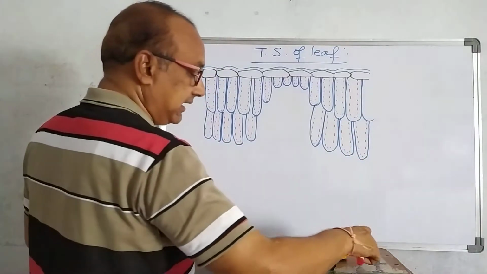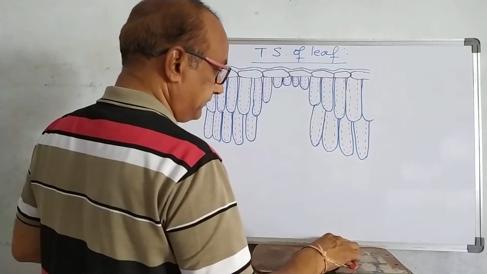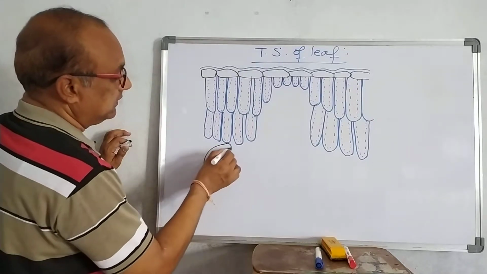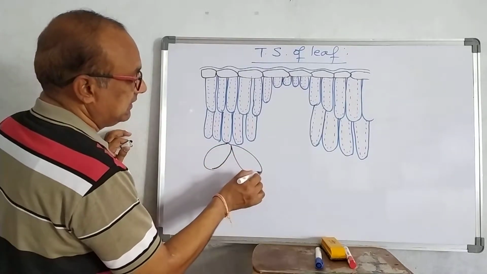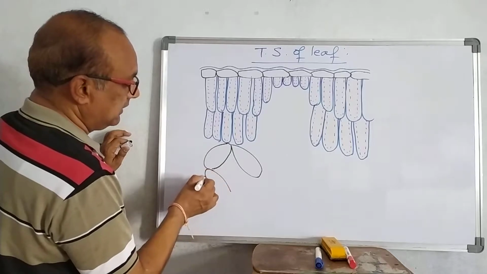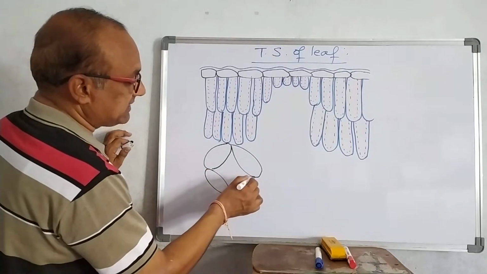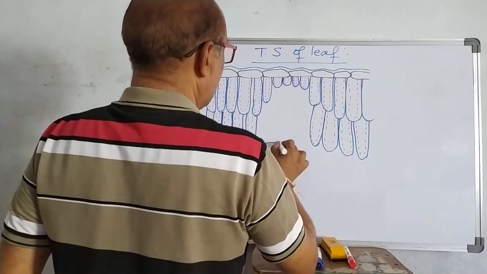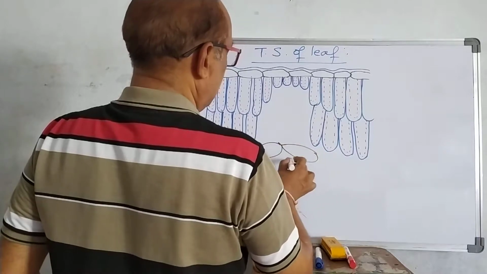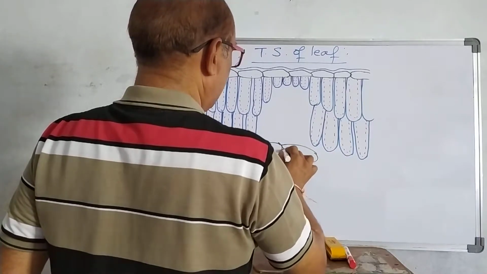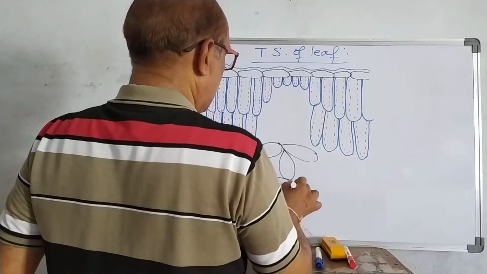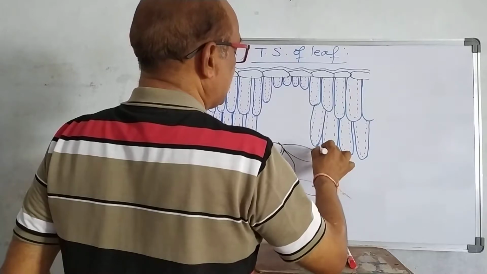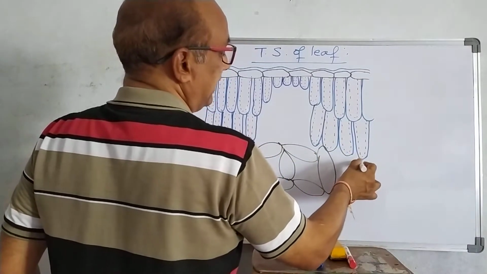Those cells are irregularly arranged without any proper sequence, but having large air spaces between them, and most of the cells are spindle or disc shaped with large intercellular spaces between them.